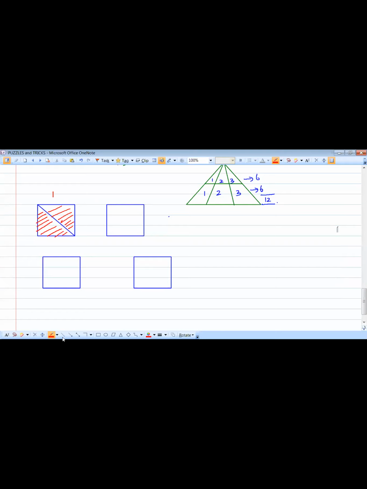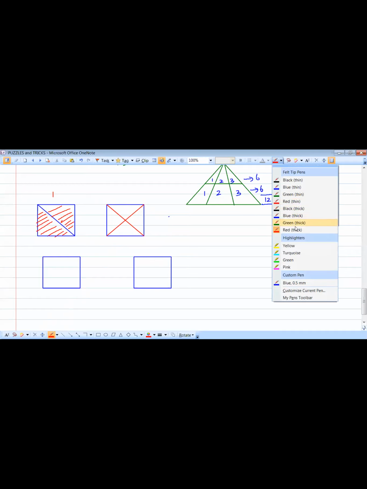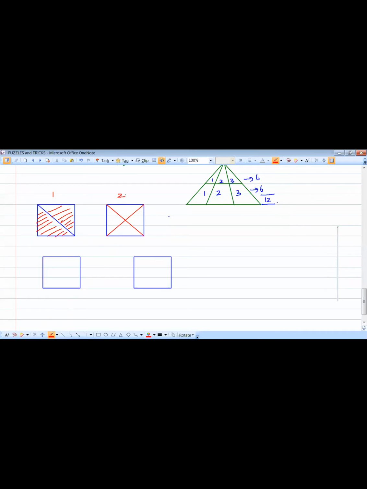Okay. Now, see this diagram and say, for the second diagram, how many triangles are there? So many students are writing 4, 4, 4.